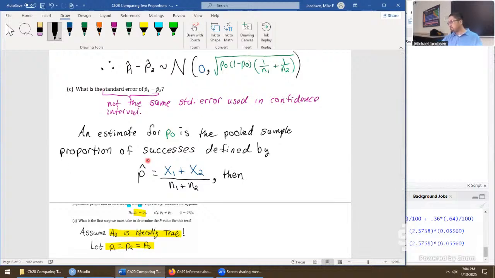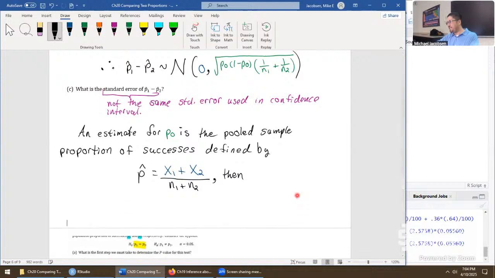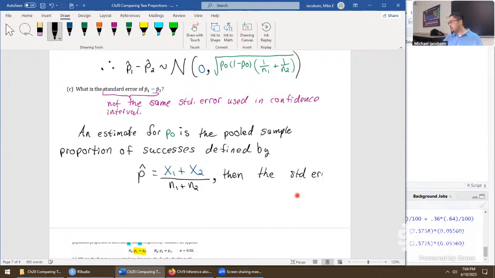Then, let me see if I have enough space down here. The standard error is, let's try it out as SE. It is the standard error for p hat 1 minus p hat 2. But if we wrote that in, I feel like that could be highly confusing. But we're kind of in a weird spot. If we put in standard error p hat, that's equally confusing.